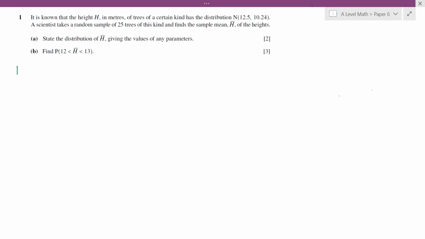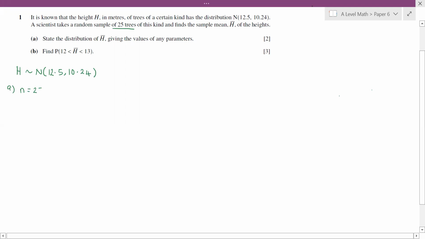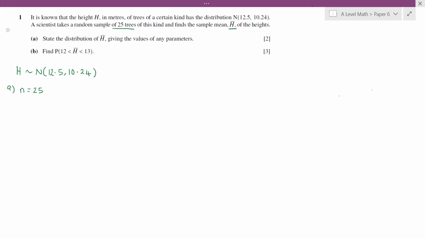So for this case here, h is the height of trees. It follows a normal distribution with a mean of 12.5 and a variance of 10.24. A scientist takes a random sample of 25 trees. So n is 25 here, and finds the sample mean h bar.